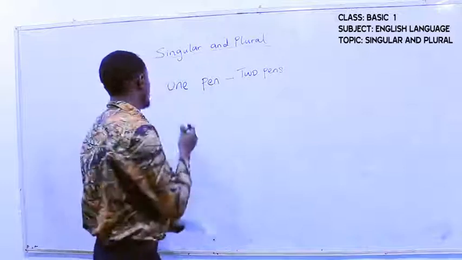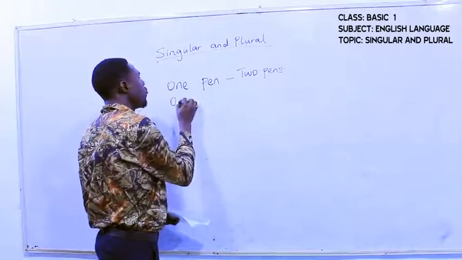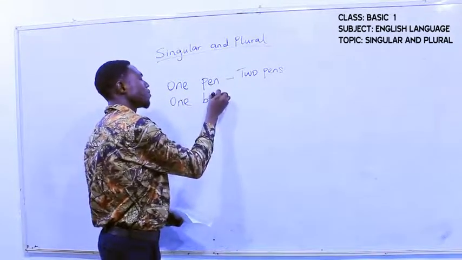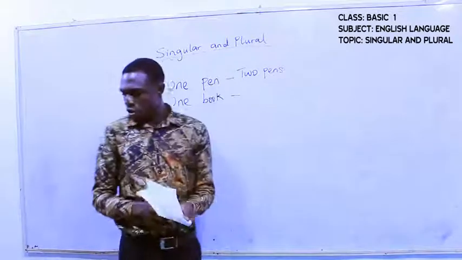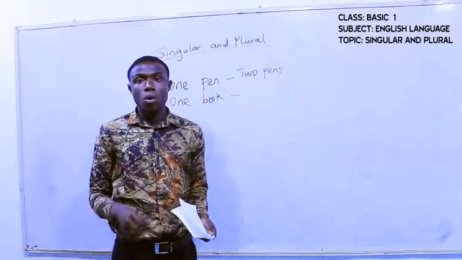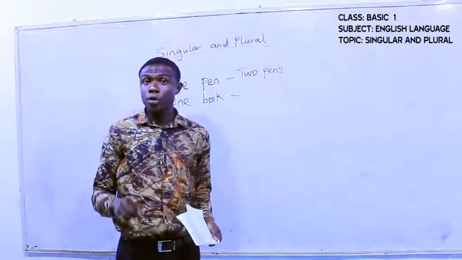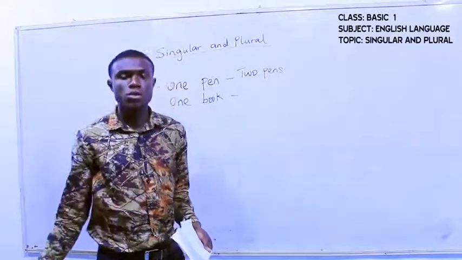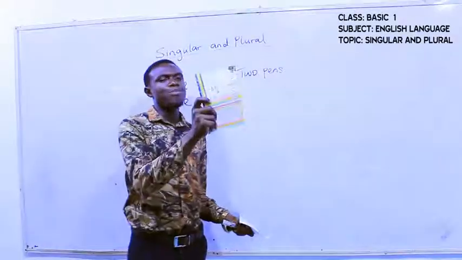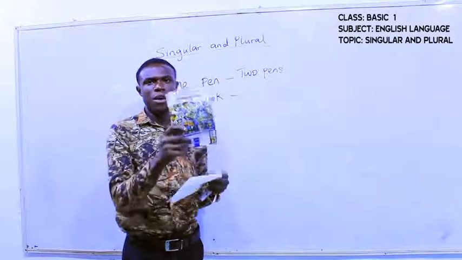Look at your book. We have one book. The book you have is one. This is a book.